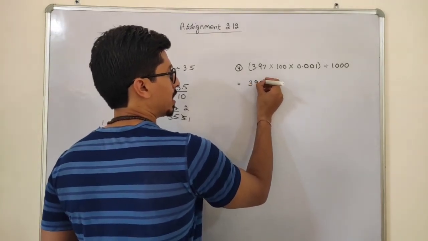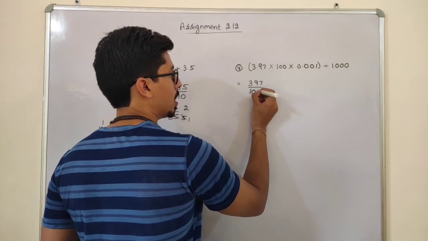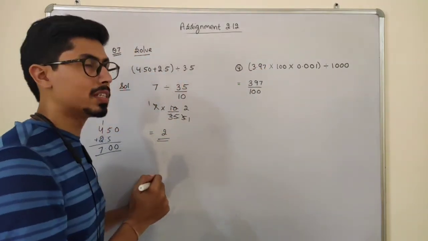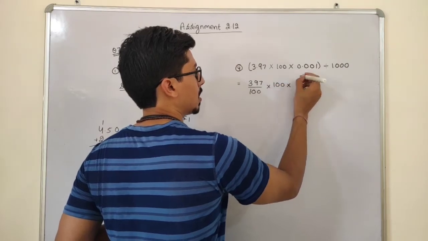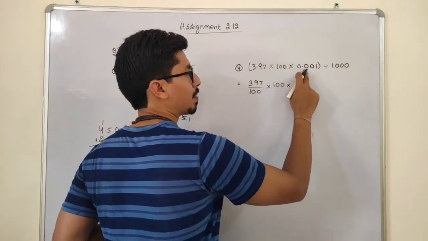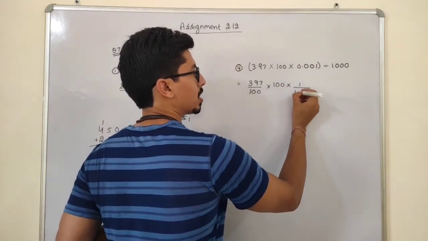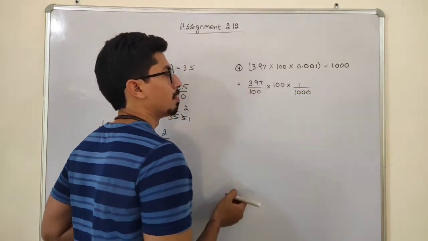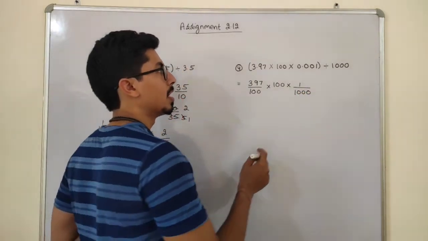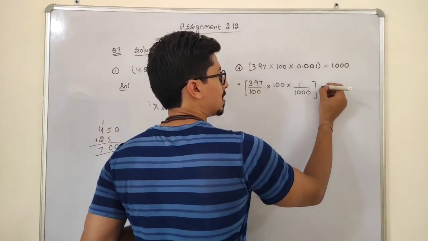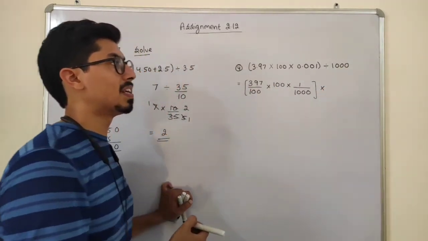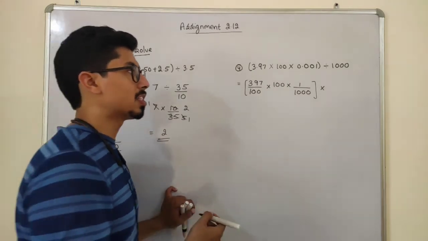3.97 can be written as this upon 100, because after the decimal there are 2 digits. Now 100 as it is, and this can be written as 1 and 3 zeros, because after the decimal there are 3 digits. Now the bracket: replace the division sign by a multiplication sign.